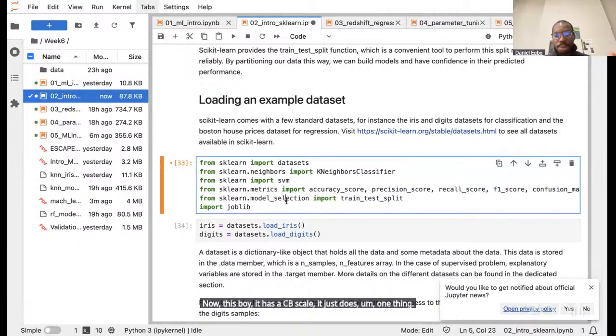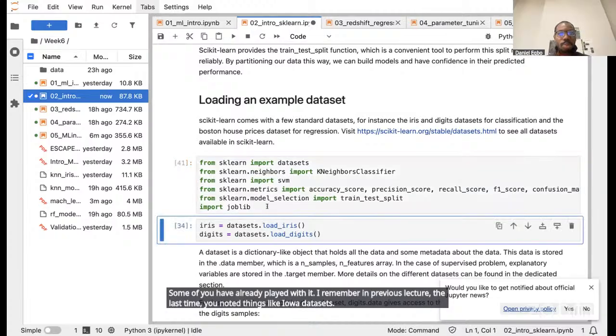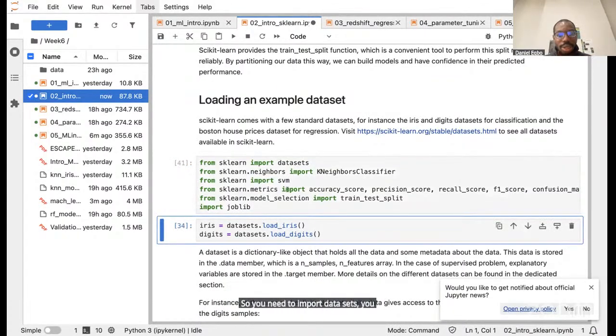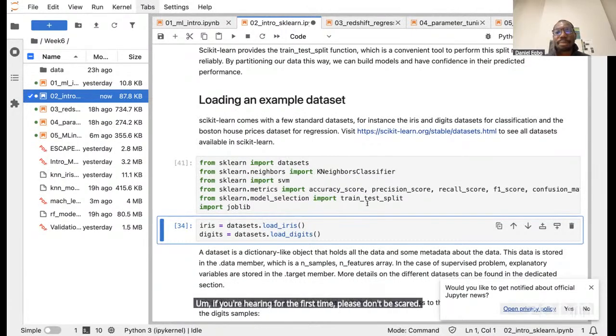Some of you have already played with it. I remember in the last lecture, you loaded things like the iris data set. So you need to import data sets. In this example, we're using two examples. We're using k-nearest neighbor. We're using support vector machine. Now, these are different types of machine learning algorithms. If you're hearing this for the first time, please don't be scared.